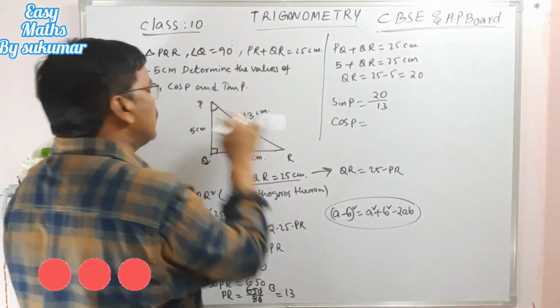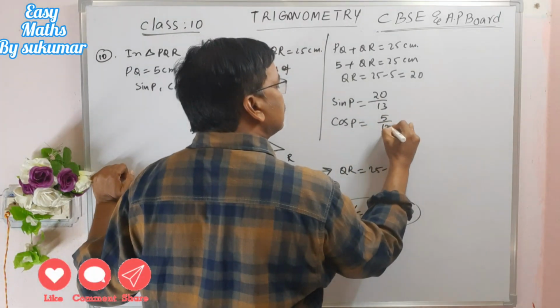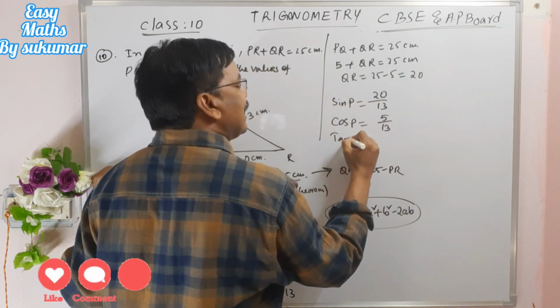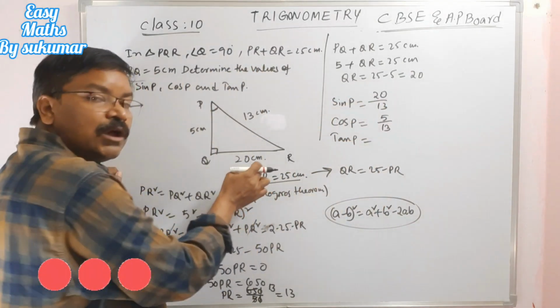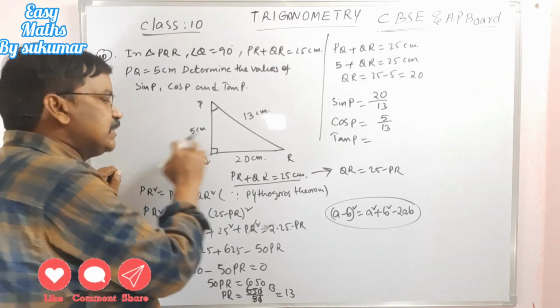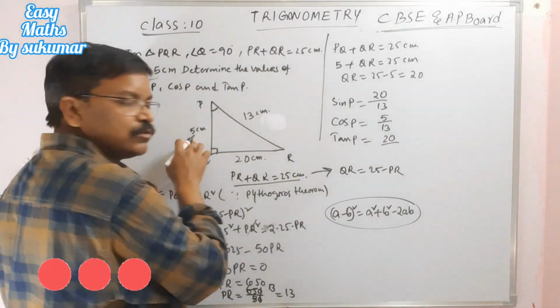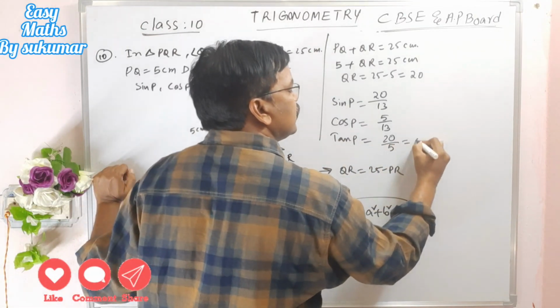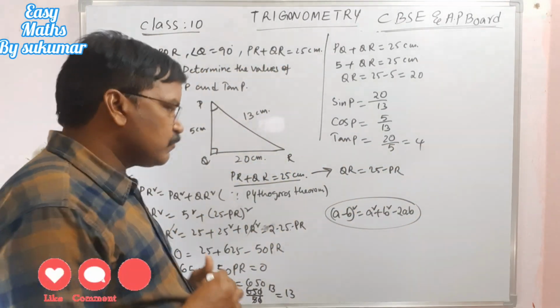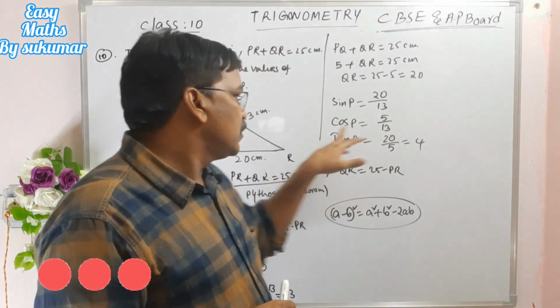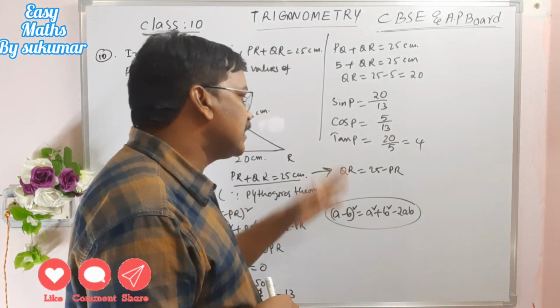That means PQ by PR, that is 5 by 13. What about tan P, my dear students? Opposite side by adjacent side, that means 20 by 5. Adjacent side is 5, no? So that is equal to 4. Therefore, sin P is 20 by 13, cos P is equal to 5 by 13 and tan P is equal to 4.